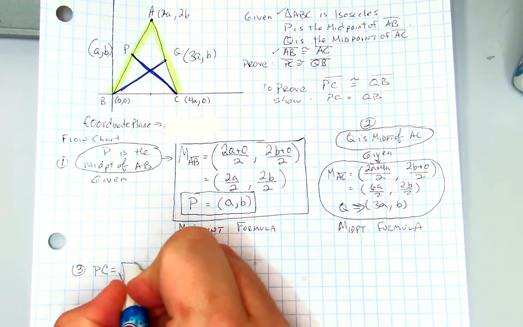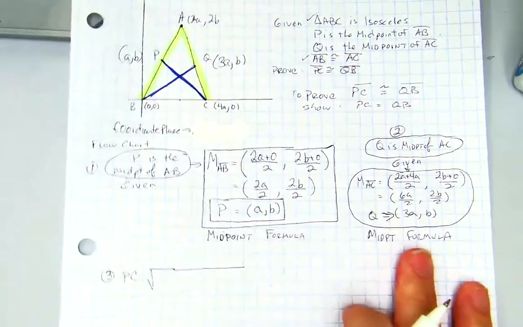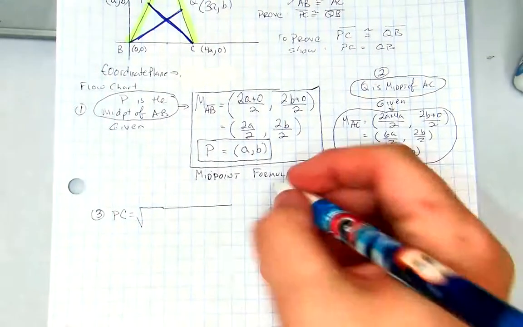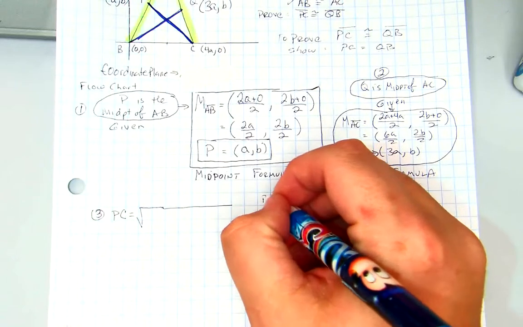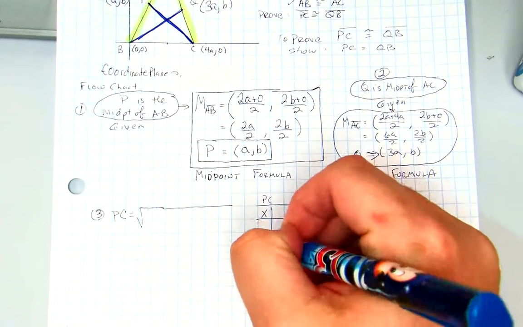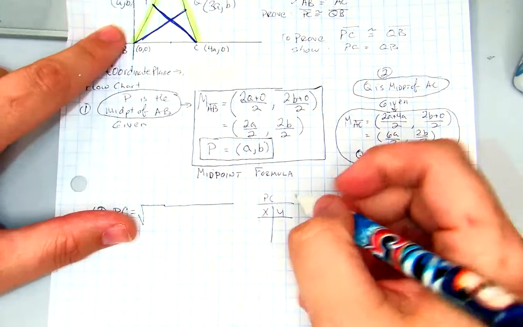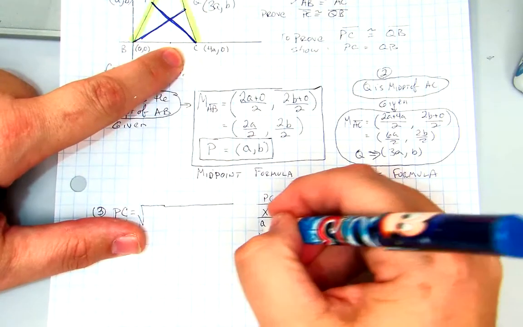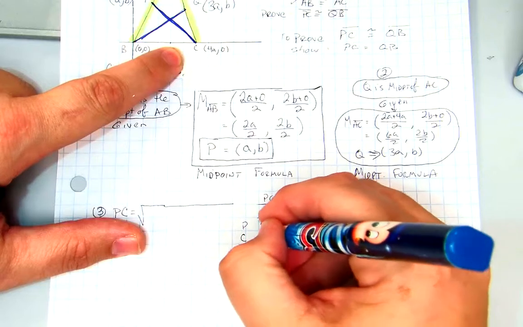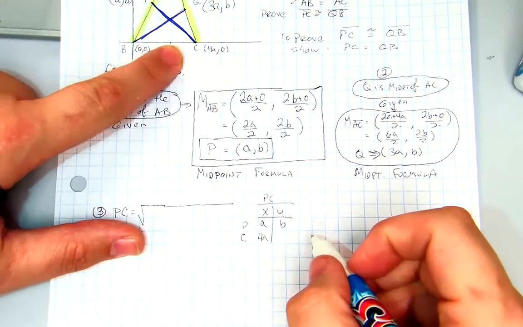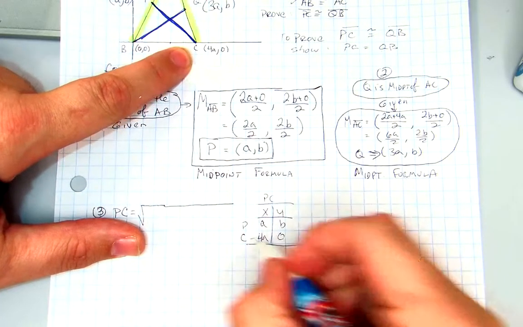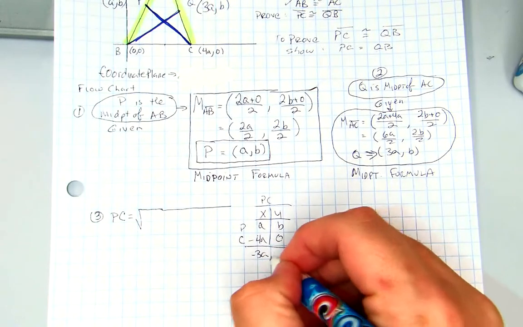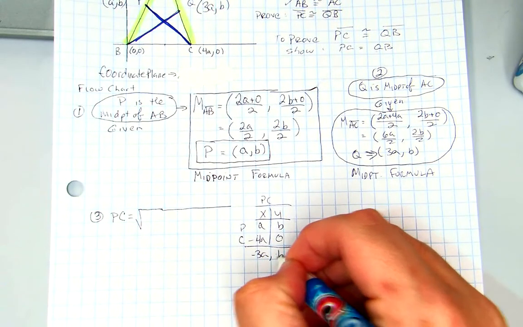PC is equal to the square root of, alright, we're going to take the difference of the x's. Now, one thing that I like to do is for PC, I like to go x comma y and say, alright, that's a, b, and that's c, that's 4a, and that's 0, and I have to subtract, so I get negative 3a, and that's b.